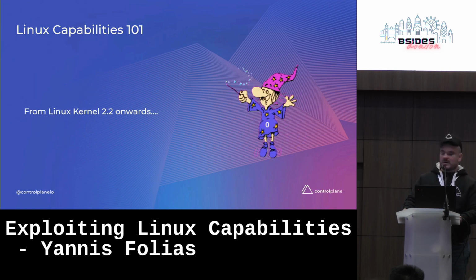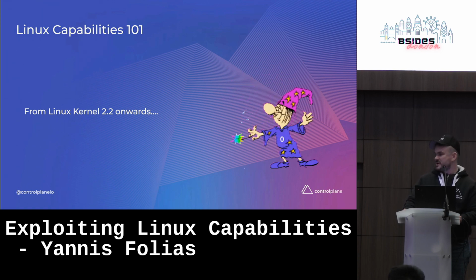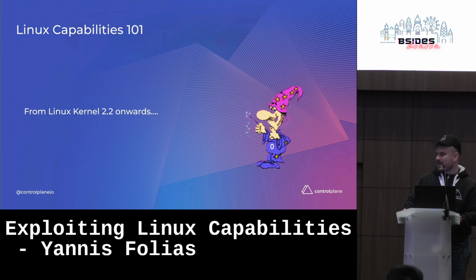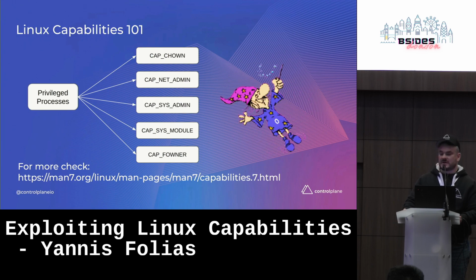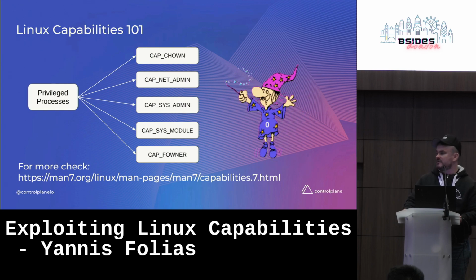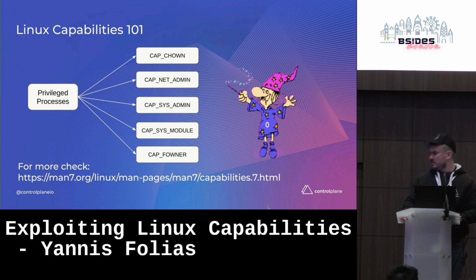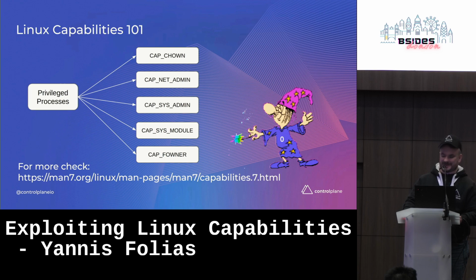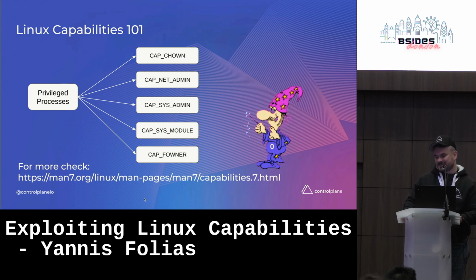However, from Linux kernel 2.2 onwards, there was some magic introduced into the Linux kernel. And this is what Linux capabilities are. There's a few of them, actually. It's not just the ones I've listed here. The way I like to think about Linux capabilities is like little magic tricks, maybe some pieces of wisdom.